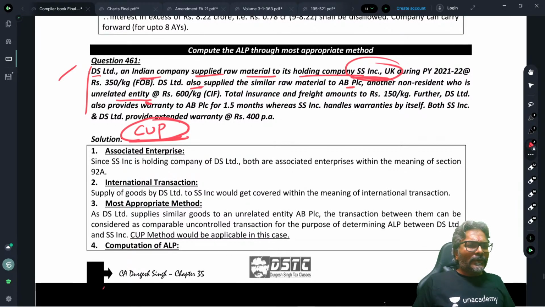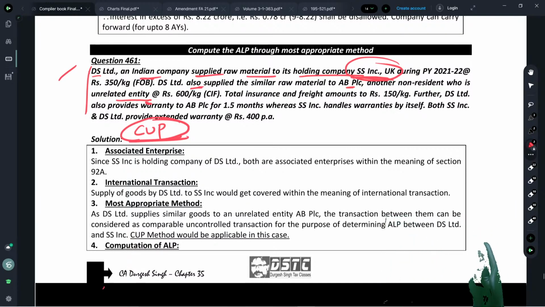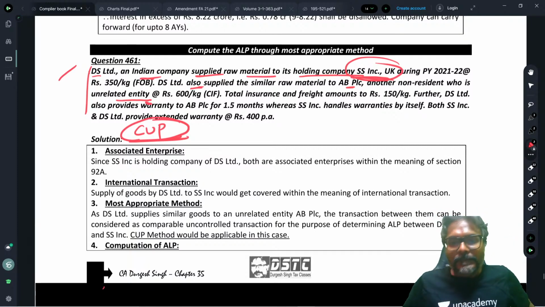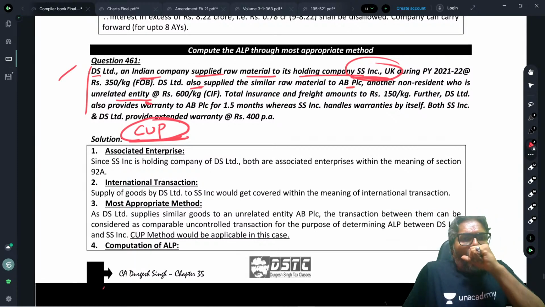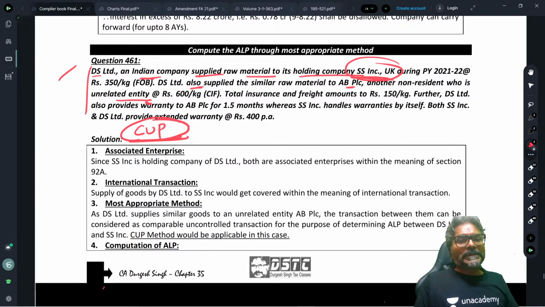So let's have a look. So students, in this case, the adjustment that needs to be done is in respect of the uncommon factor.